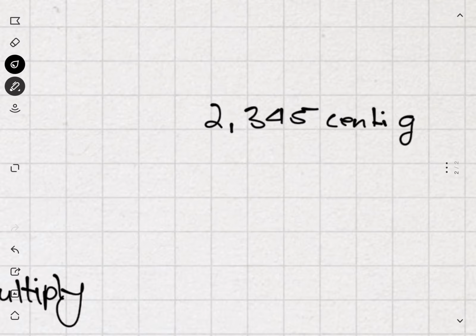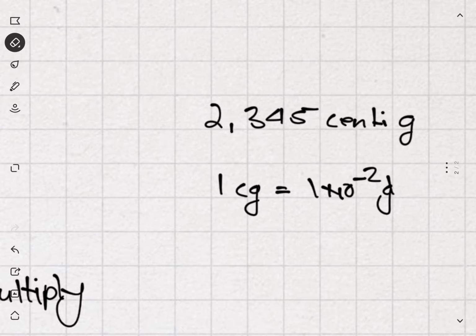Well, you know that 1 centigram is equal to 1 times 10 to the negative 2 grams. And how many centigrams do you have?